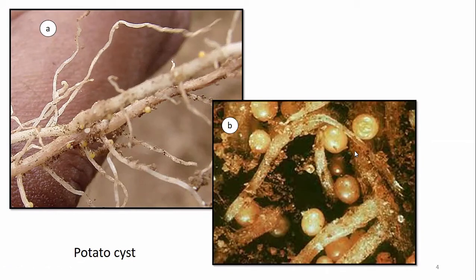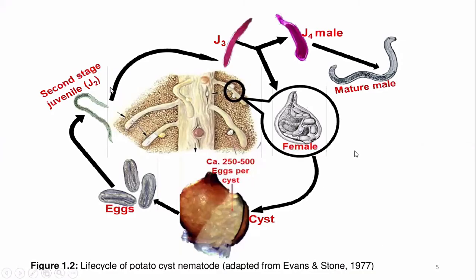Then new nematodes will emerge from those eggs. This picture describes the potato cyst nematode starting from the eggs. After egg hatching, the juvenile will come out. The juvenile is the infecting stage of the cyst nematode.